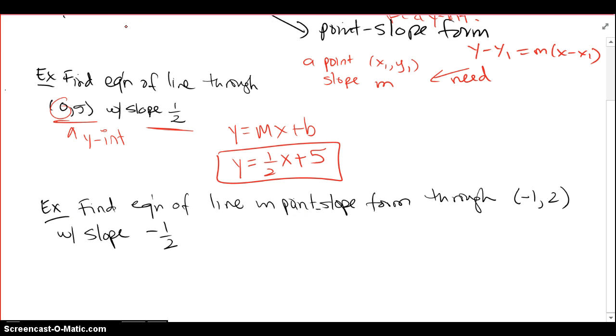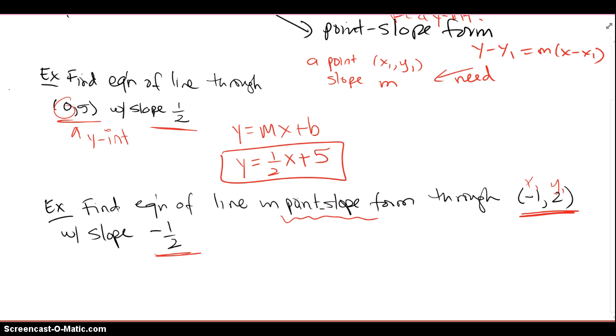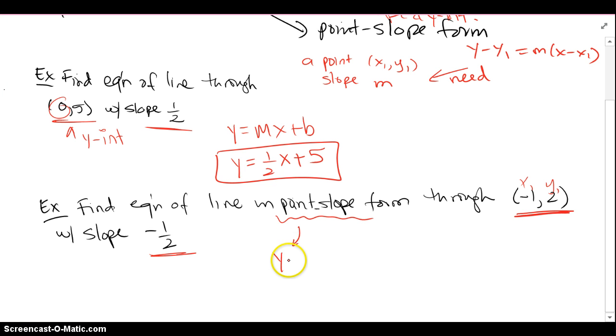Or for example, if we're told to find the equation of the line in point-slope form this time, through the ordered pair (-1, 2), which would be our x1, y1, and slope of -1/2. I'm going to write down y minus y1 equals m(x minus x1), and then use the pieces accordingly.